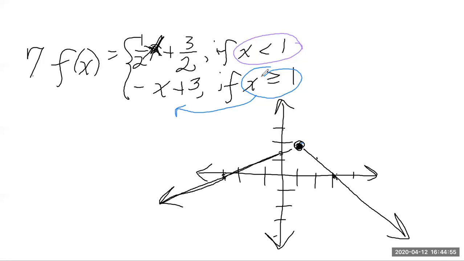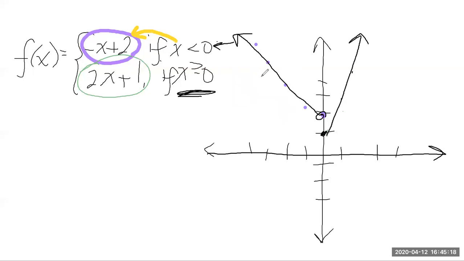So sometimes they're separated, as in number 6, and sometimes they are connected, as in number 7. Now, I didn't show you this on the other one, but I want you to label where the points intersect. And so on the other one, we had a transition point here, 0, 2, and at this one, 0, 1. So you're only going to label the transition points on a piecewise graph.